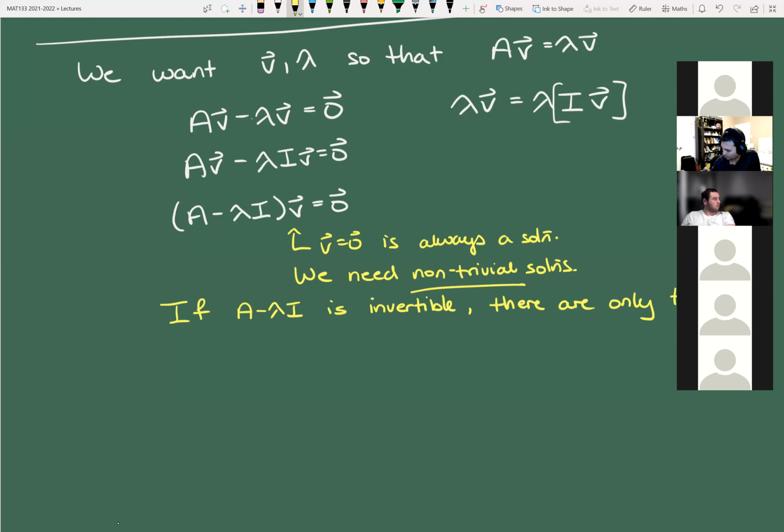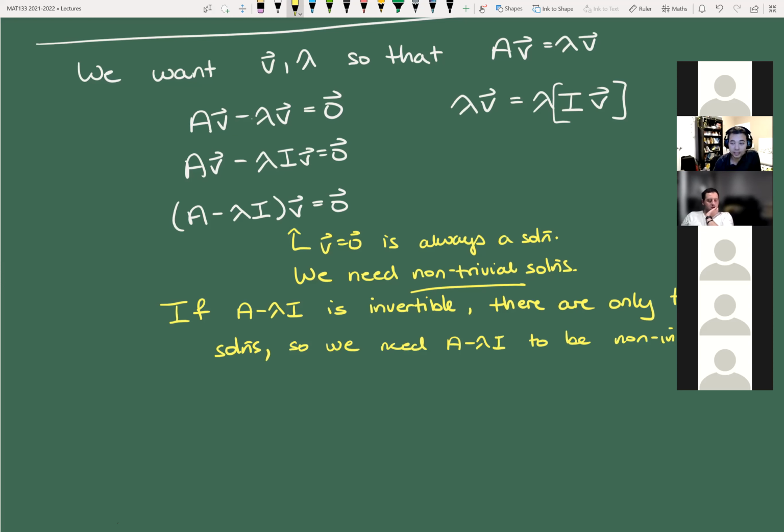And that's bad, right? So we need A minus lambda I to be non-invertible.